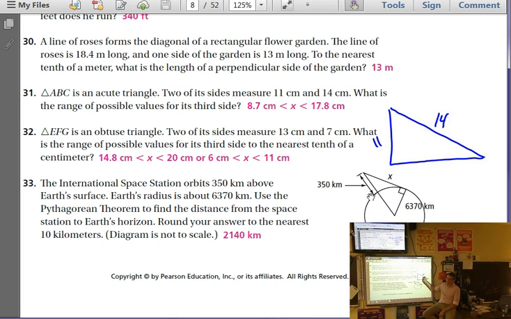So 14 squared minus, the difference between, so let's solve for b. 11 squared plus b squared equals 14 squared. I'm essentially going to do 14 squared minus 11 squared and then square root that. So b squared is going to have to be 75, which means that the square root of that is 8.66, approximately.